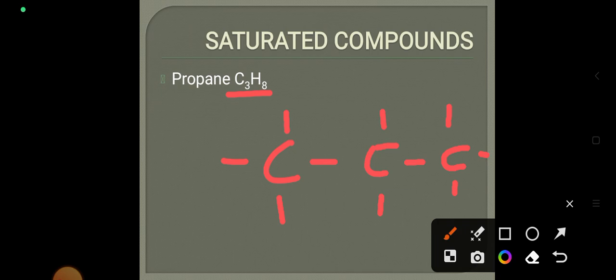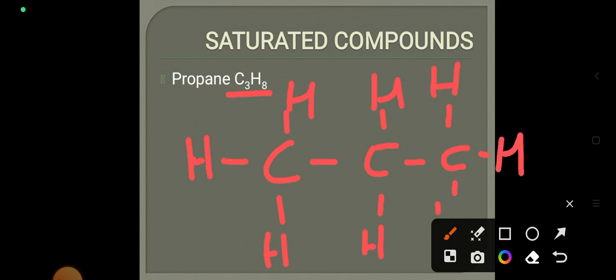Now we write the remaining element, hydrogen, in all these places. When you count, there are 3 carbons and 8 hydrogens. This is how we write the structural formula for propane.